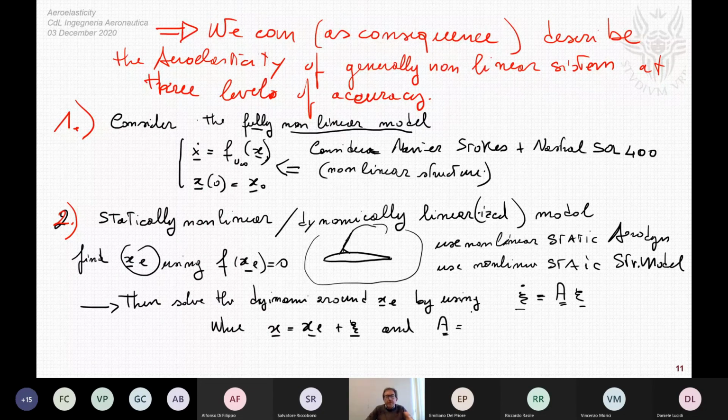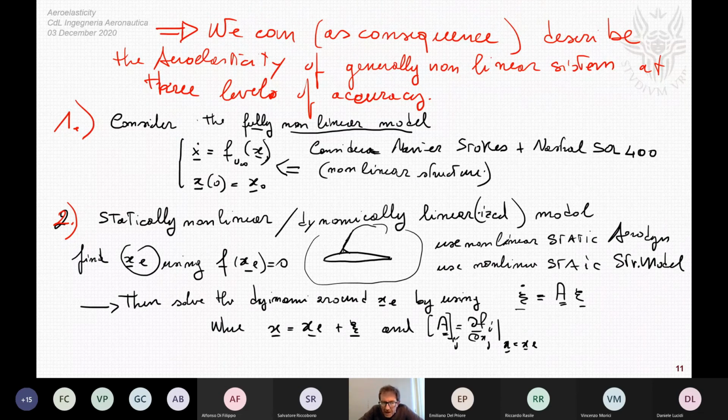So through a perturbation procedure, the gradient of f_i with respect to x_j for x equal to x equilibrium. So this is a statically nonlinear, dynamically linear or linearized model.